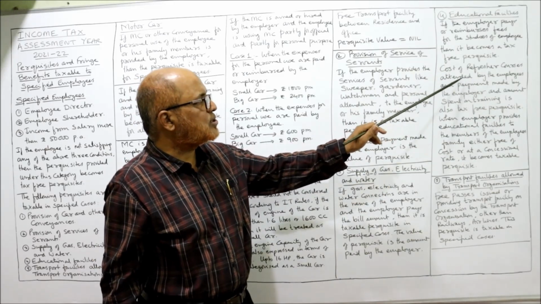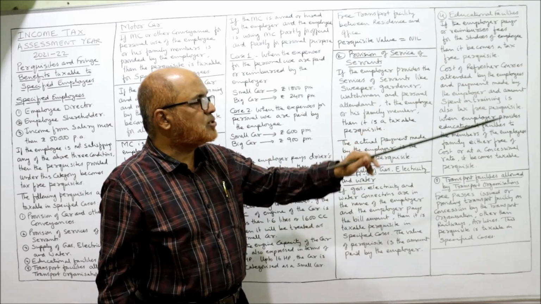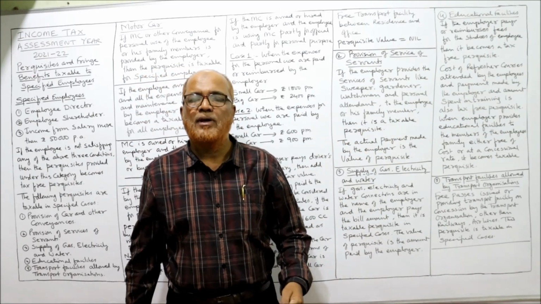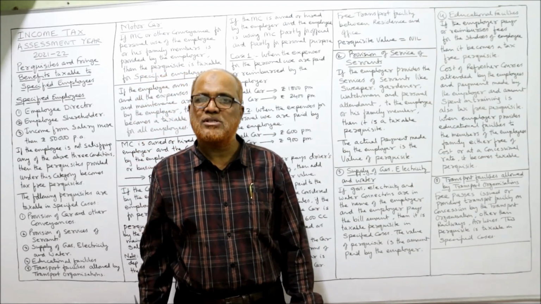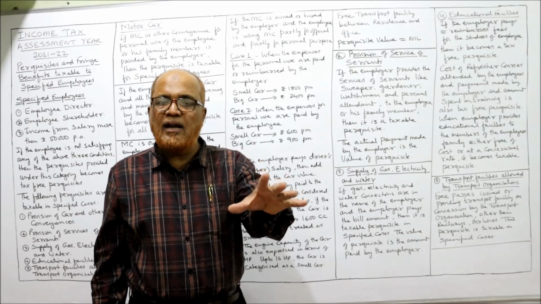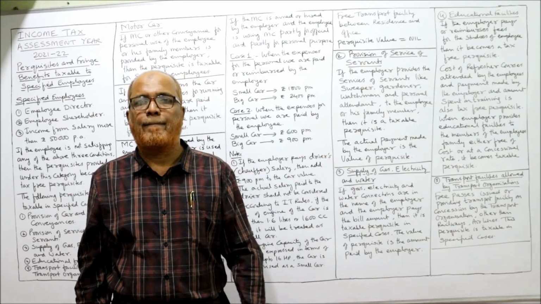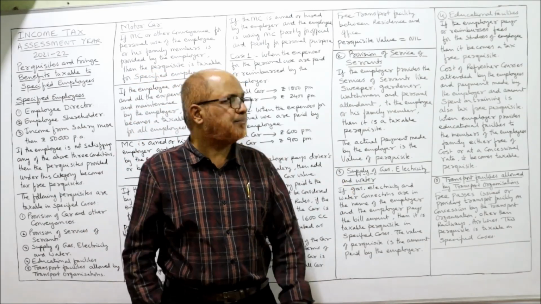Cost of refresher courses attended by employees and payment made by the employer and amount spent on training is also tax-free perquisite. In the coming problem we come across, the employees have undergone the crash course, some courses. For attending those courses, the employer is making the payment. Income Tax Act says it's a tax-free perquisite.